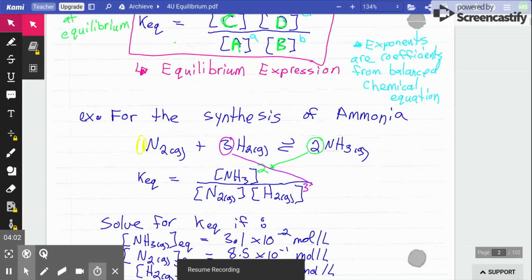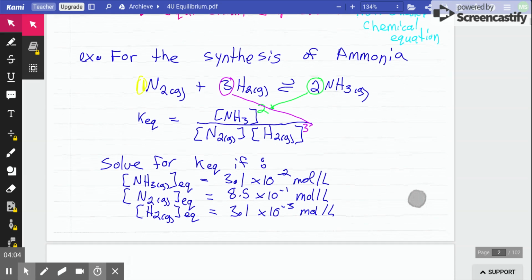Then you can really easily solve for K equilibrium if you have concentration values. So I'm going to tell you that we have the concentration of NH3 at EQ, so that means at equilibrium, equals 3.1 times 10 to the negative 2 mole per liter. Nitrogen gas concentration at equilibrium equals 8.5 times 10 to the negative 1 mole per liter.